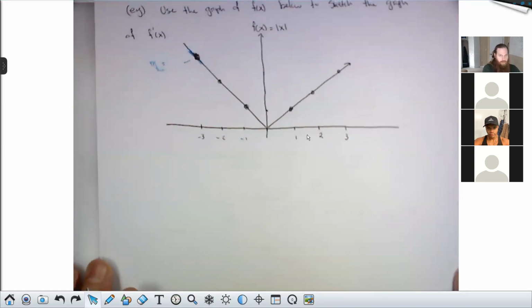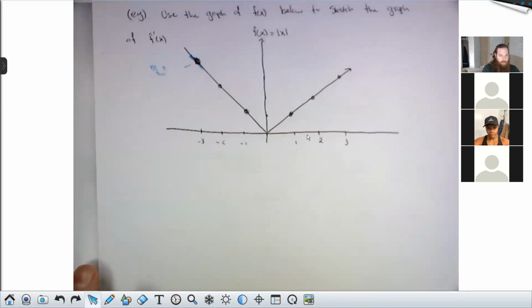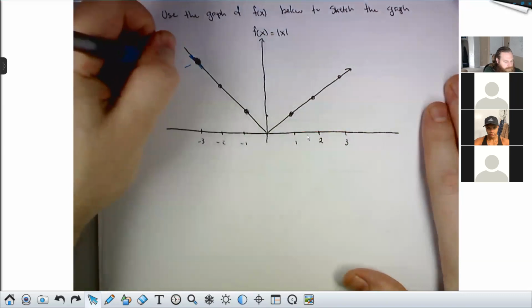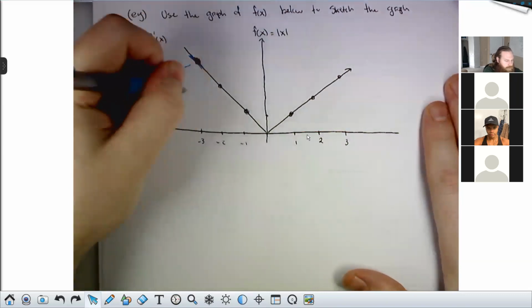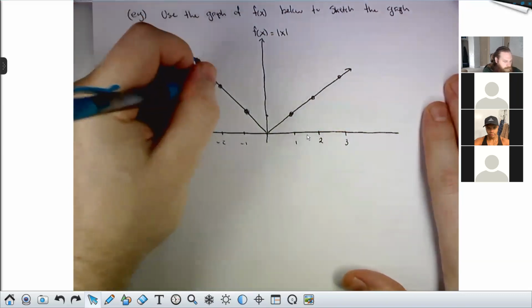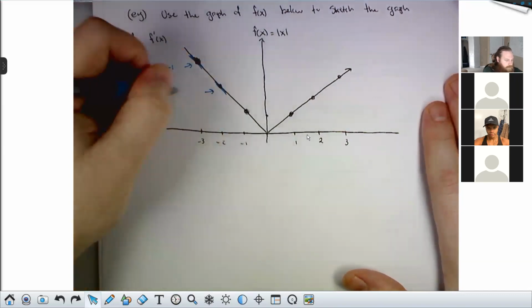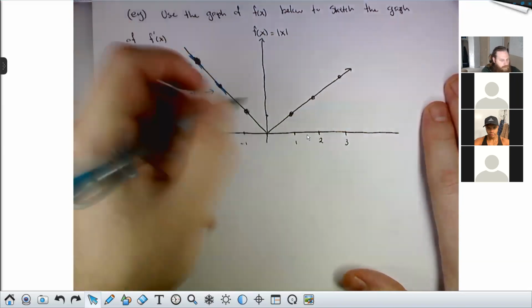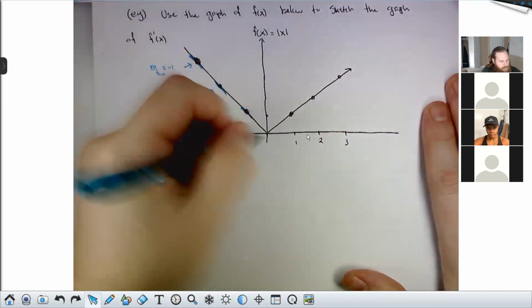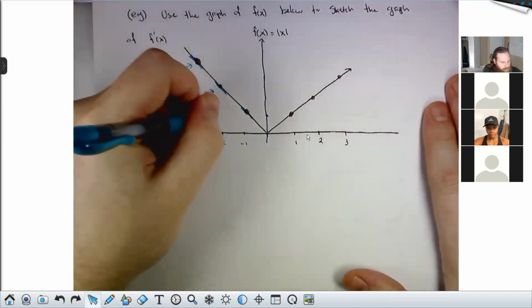What is the slope there? It's true that the x value is -3, but the slope here is -1. And the same is true here. If you draw in this little bit of the tangent line, the slope of that tangent line is the same as it was above. And here the slope is the same, right? This is a straight line. They all have the same slope.